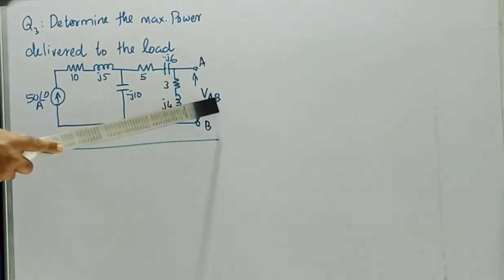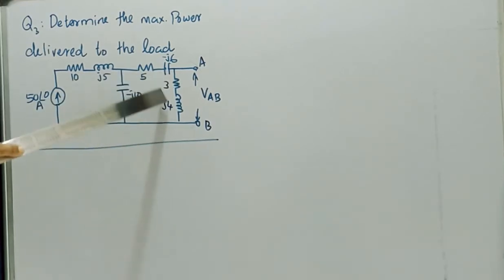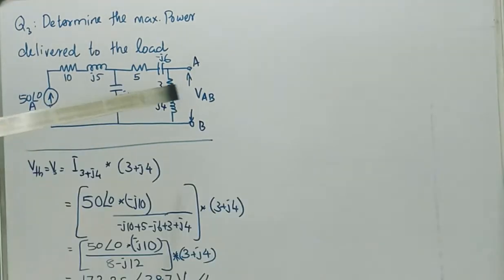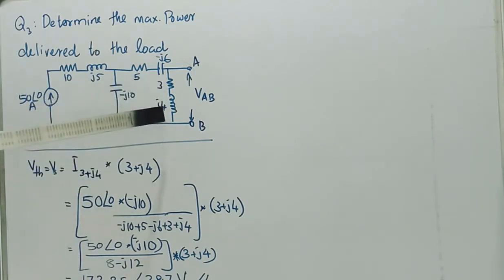In order to find VAB, first of all, we need to find the current flowing through this path. VTH is equal to the voltage across 3 plus J4. So we need to find the current flowing through the 3 plus J4 ohm. That is I(3+J4) into 3 plus J4 gives VAB, or Thevenin's equivalent voltage.